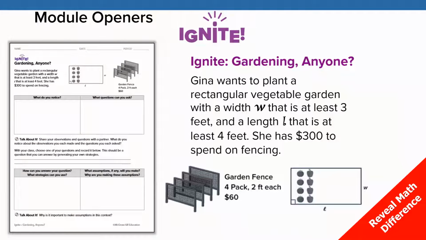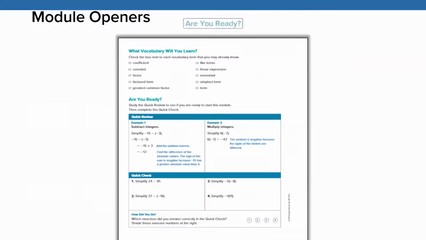A teacher, for example, told me that one of our Ignite activities was about a swim team. At their school, they didn't have a swim team, but they had a track team, so he went in and changed it to make it more relevant to the students. So definitely keep that in mind.